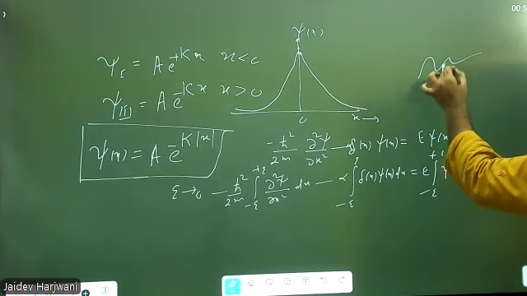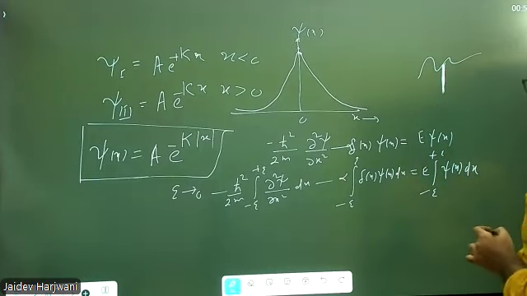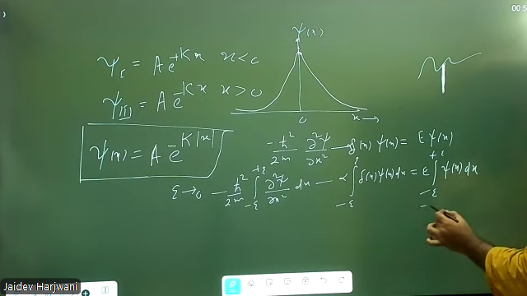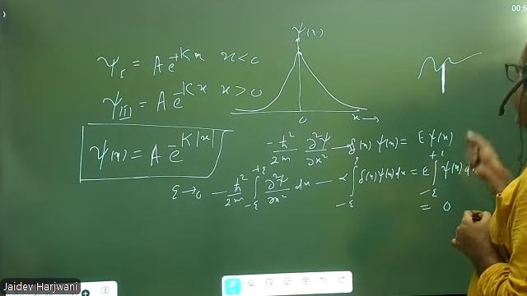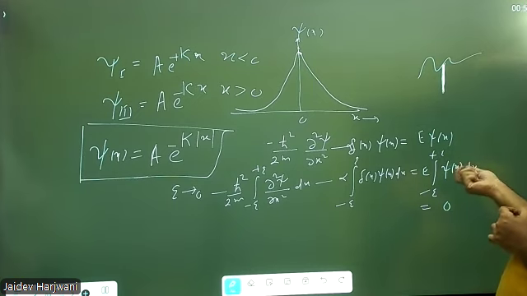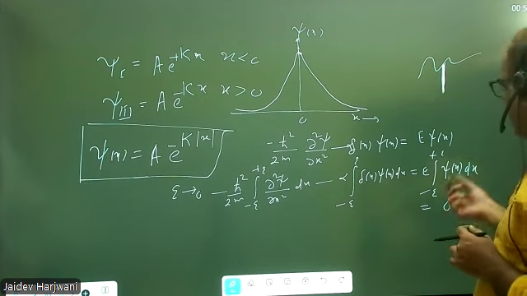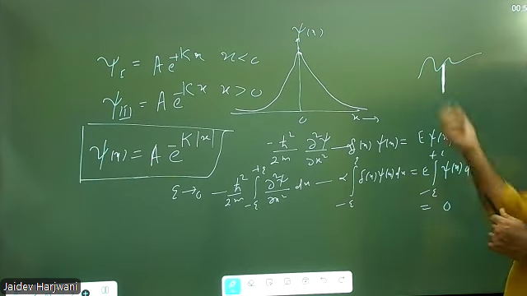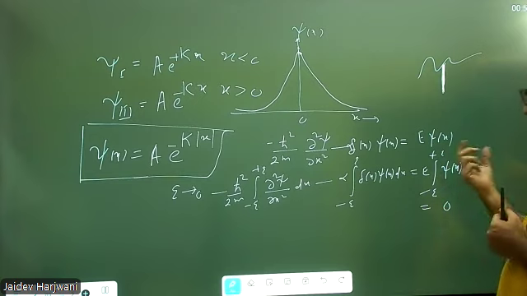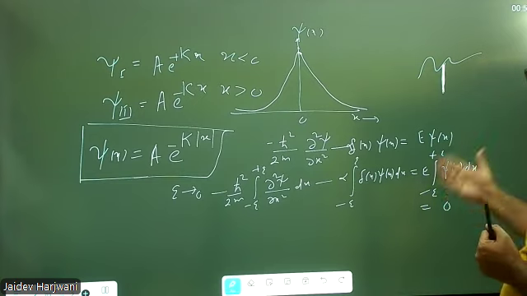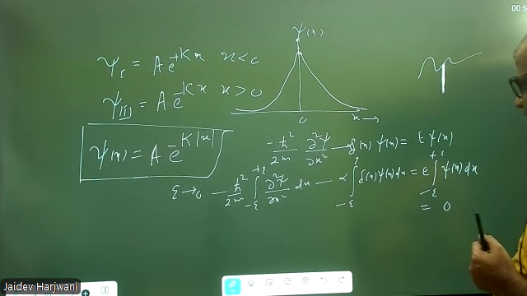So here basically we don't have any area, so this term automatically becomes 0, because ψ at plus ε and ψ at minus ε are the same. This has no width, so the right-hand side term becomes 0.